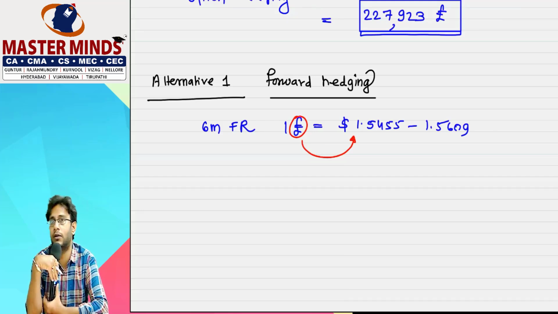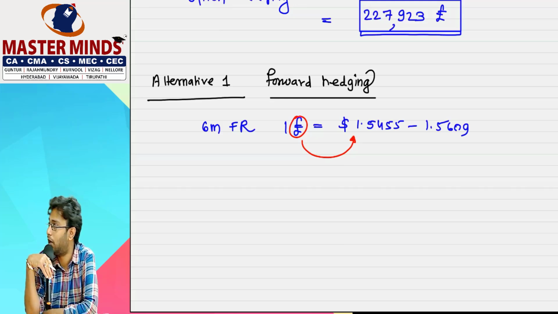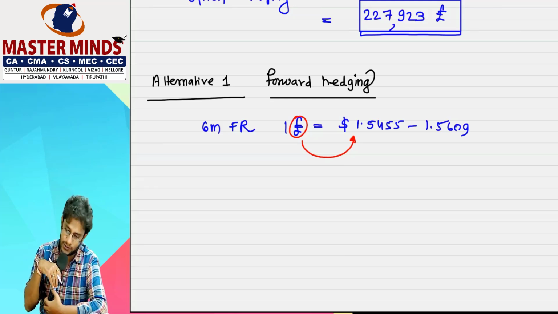I have to buy dollars, you have to pay dollars, I have to buy dollars and give pounds. Quote is given for pound. I am giving pounds, bank is buying pounds, bid rate is selected.